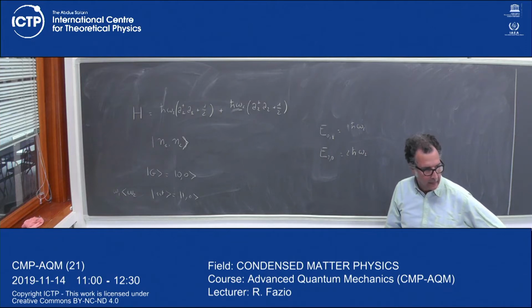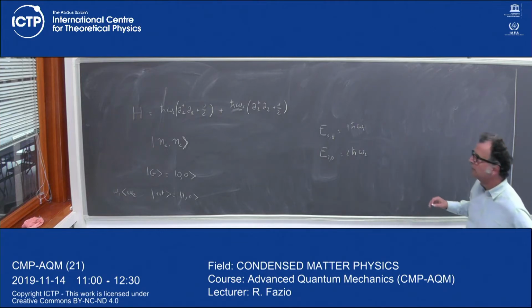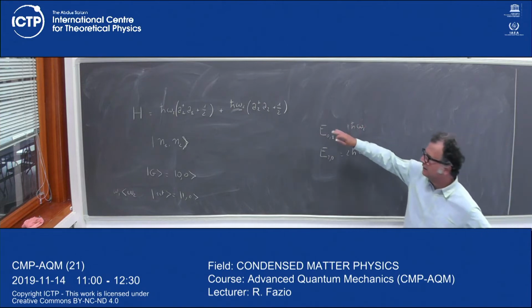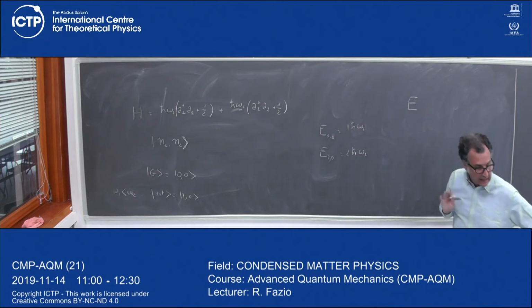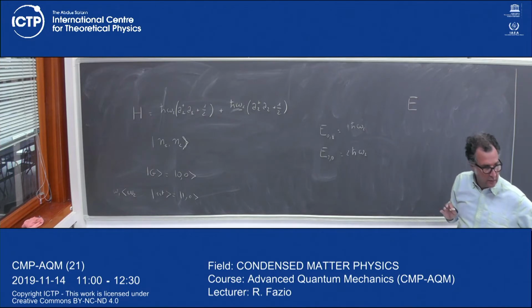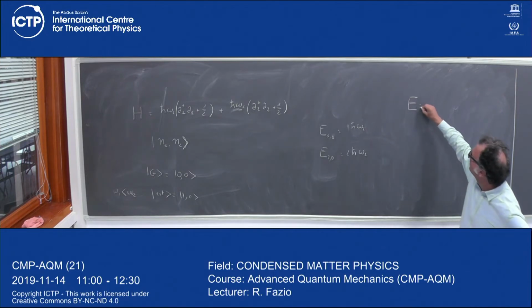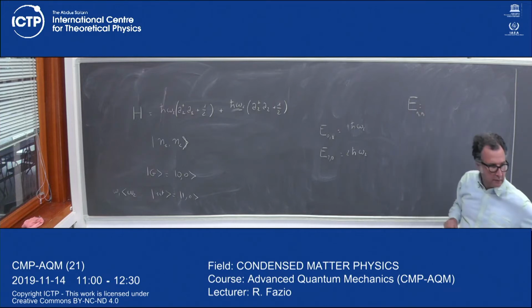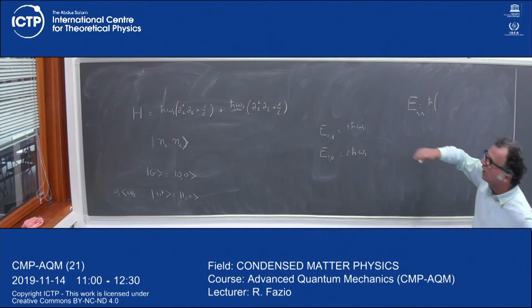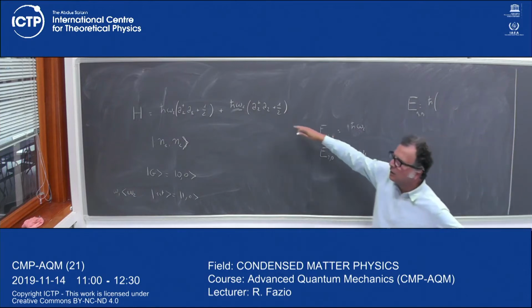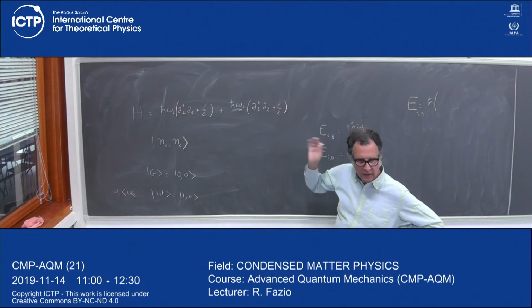I don't get it. So, the generic eigenvalue can be written like this. It depends on n1 and n2, and it is h bar times... I forget about the 1/2, this is just a shift, I don't care.